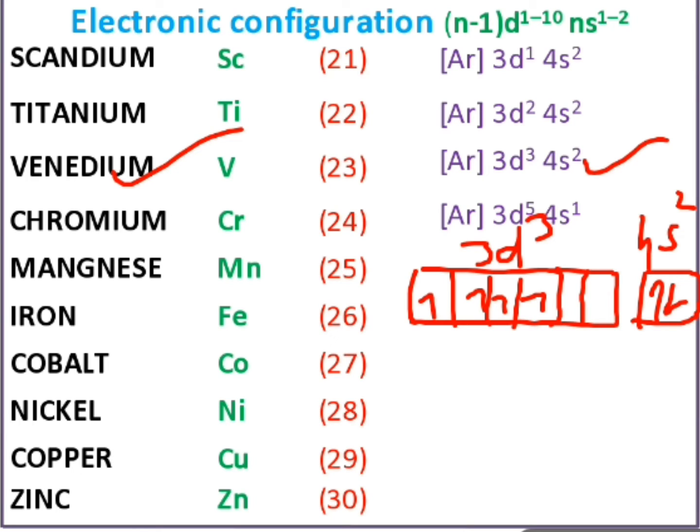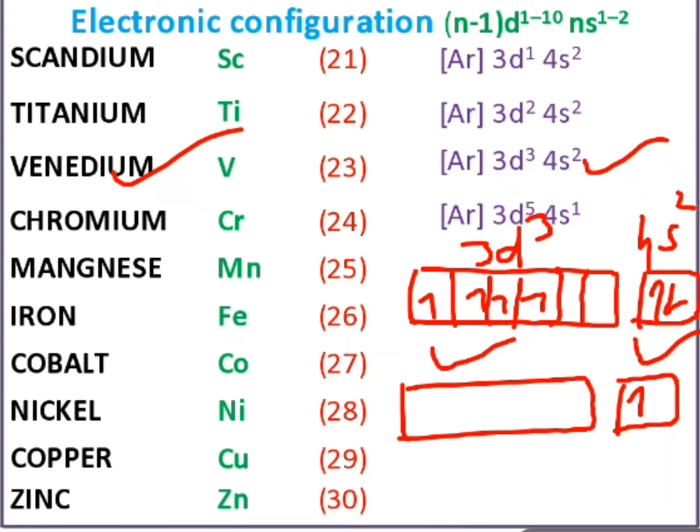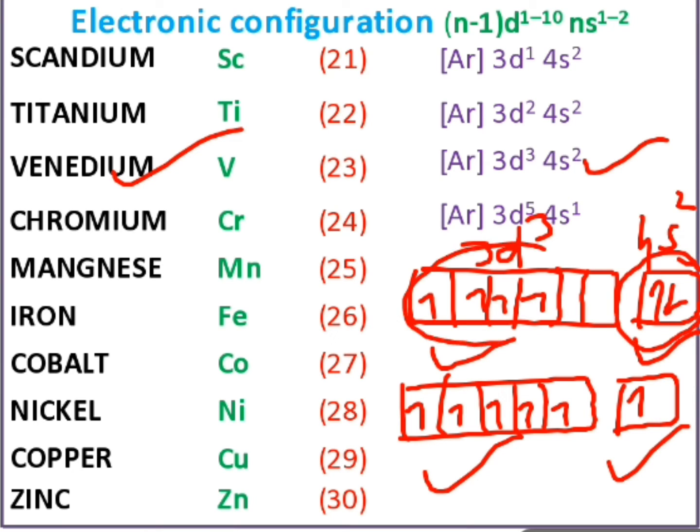This one is fulfilled, this one is incomplete. If one electron from 4s shifts into the d orbital, then this will be half filled, stable. So we have two cases. First case: 2 electrons are in 4s and 4 electrons are in 3d.